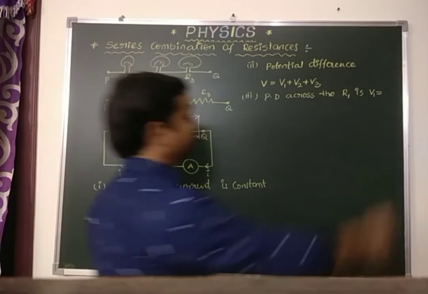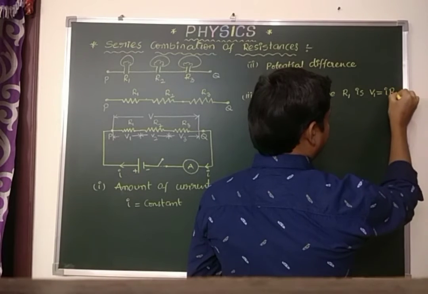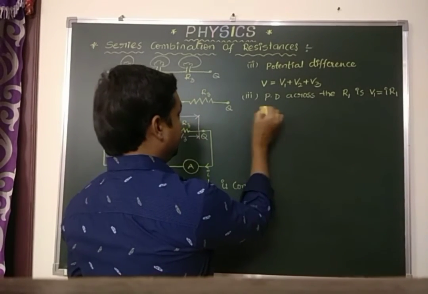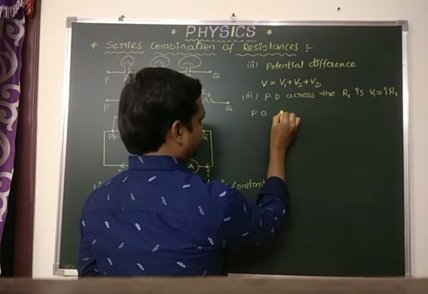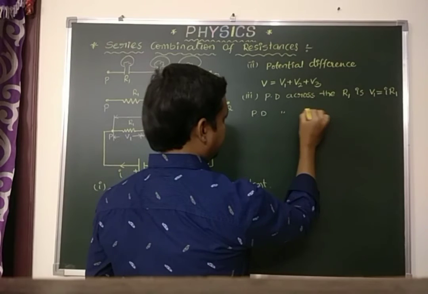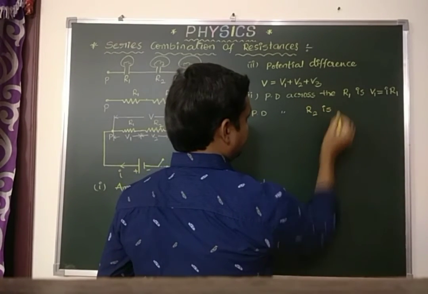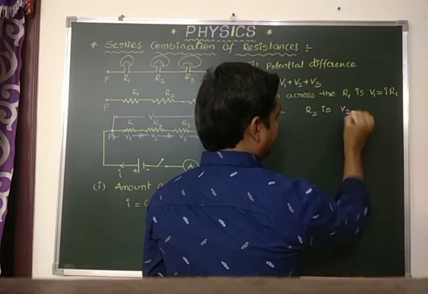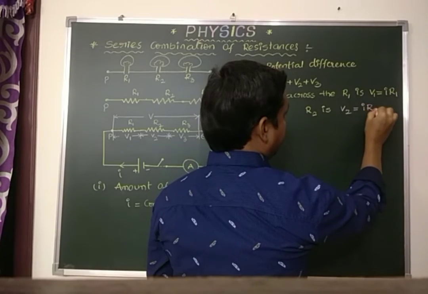So you can write the formula V1 equals I R1. Similarly, the potential difference across the resistance R2 is V2, and V2 equals I R2.